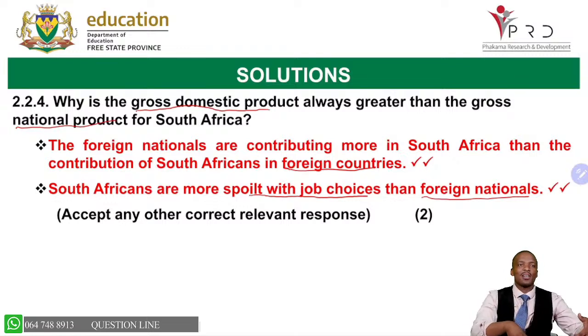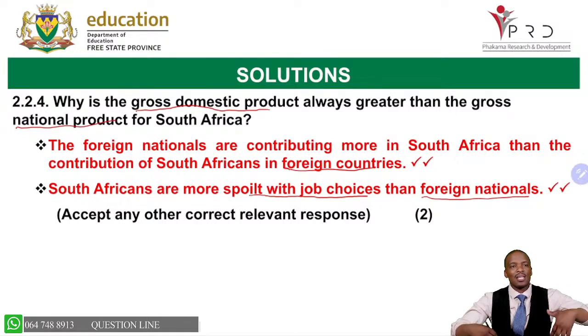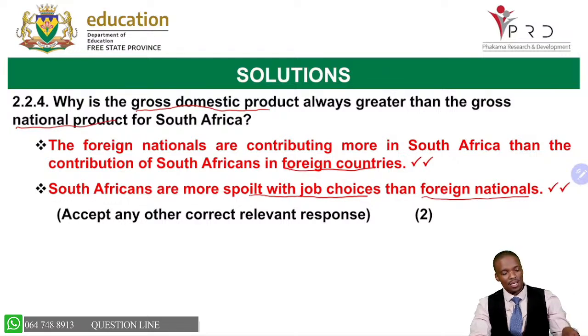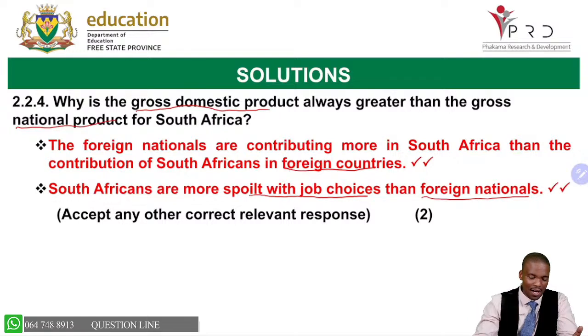Hence, they're working in South Africa because of those job choices. But South Africans, because there are choices of jobs around, sometimes see no need to go to other countries to look for employment. They are based in their own country for that matter. But the first one is 100% correct. Also, we look at the mark allocation there. There are more non-South African citizens working in South Africa than South African citizens working in other countries.